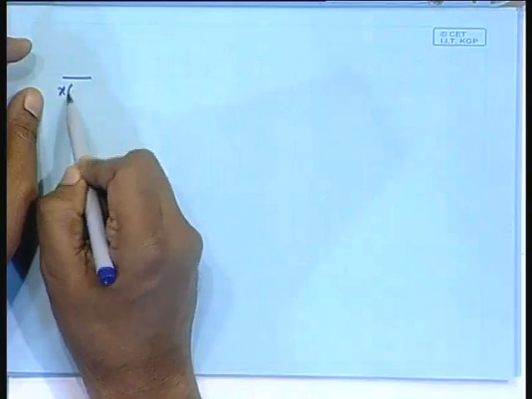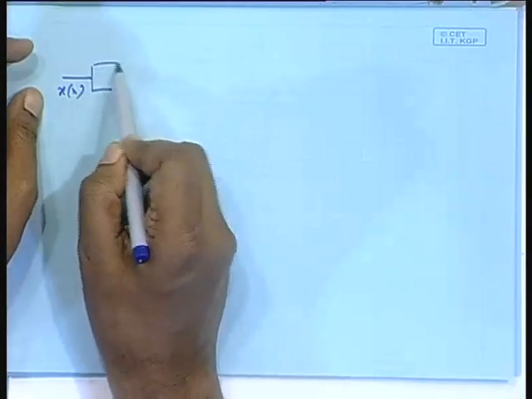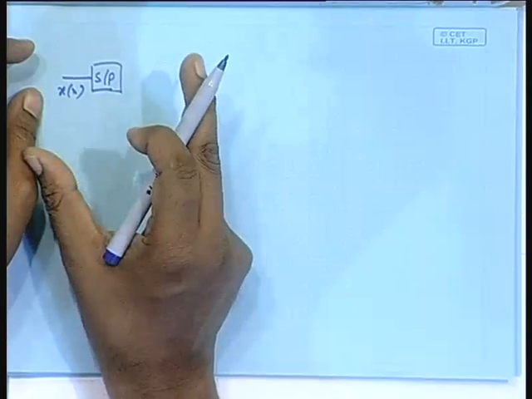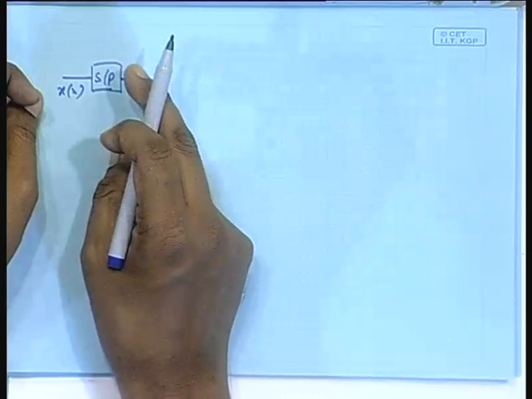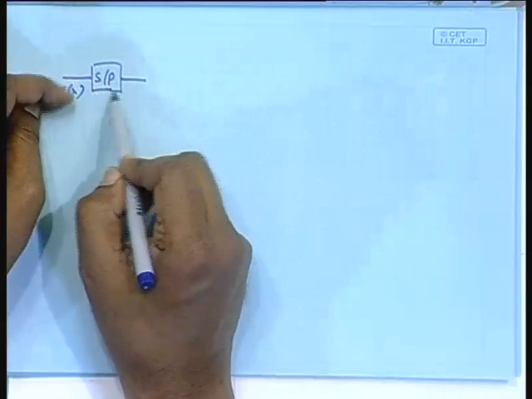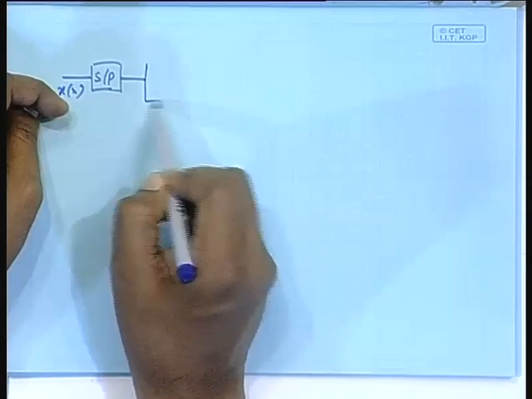How will you do this business? The input x n is coming, you do this initial part serial to parallel, and then buffer.